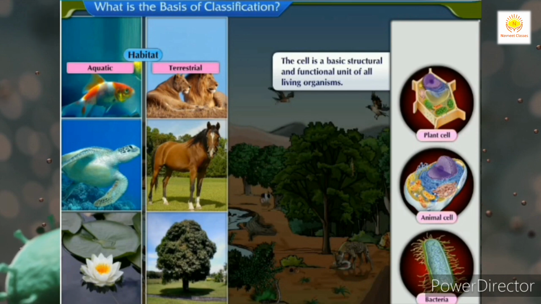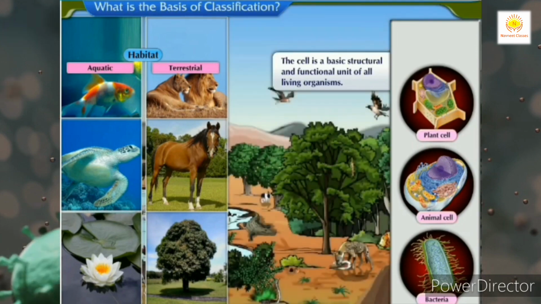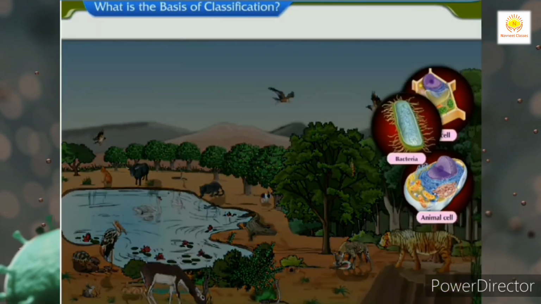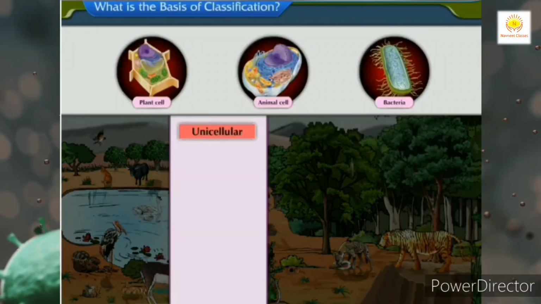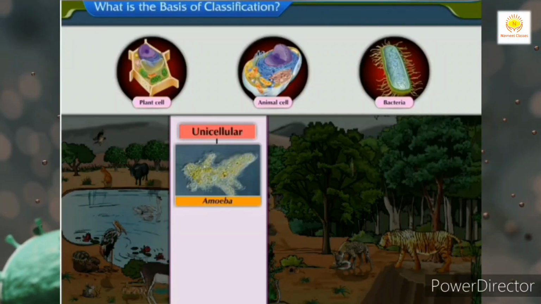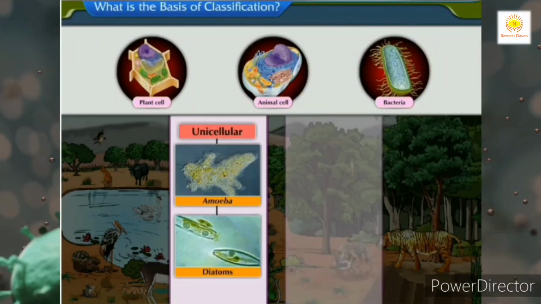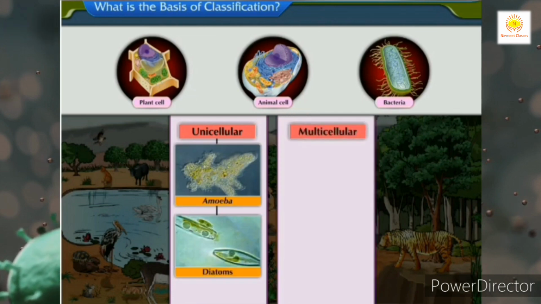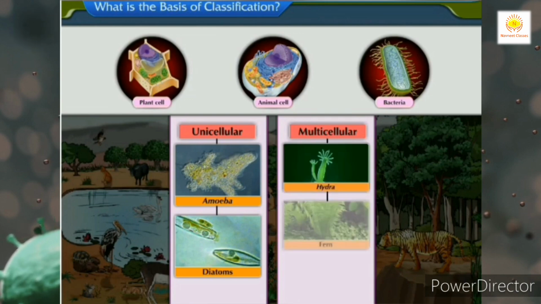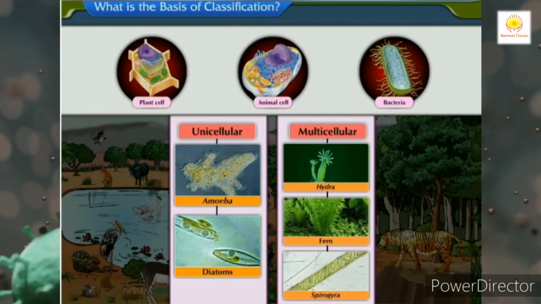The cellular characteristic can be considered as the most basic characteristic since all living organisms are made up of cells. Some of them are unicellular, example, amoeba, diatoms, and others are multicellular, especially higher organisms, example, hydra, fern, spirogyra, etc.